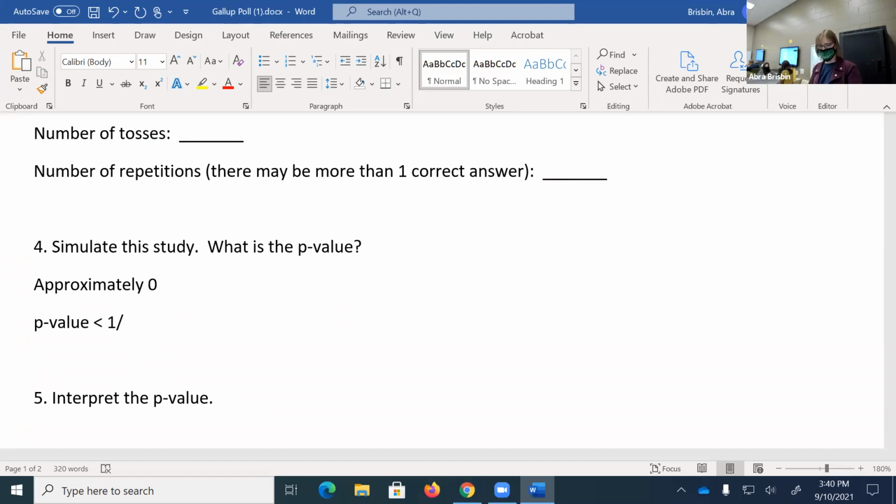So I did 1,000, so I would say it's less than 1 out of 1,000. Because that's saying I did 1,000 repetitions and not even one of them was at least as extreme as what I observed in the data.